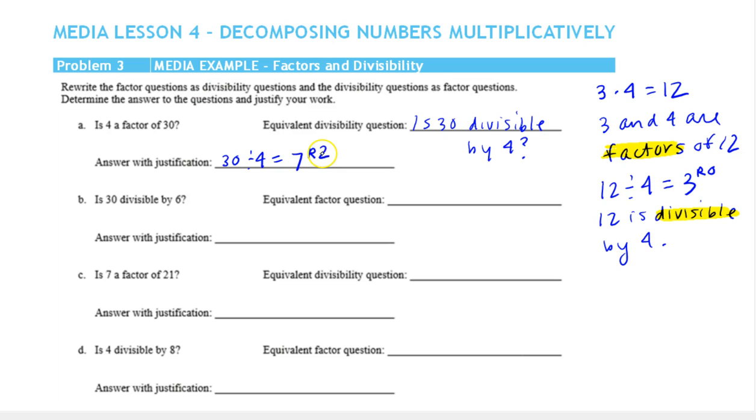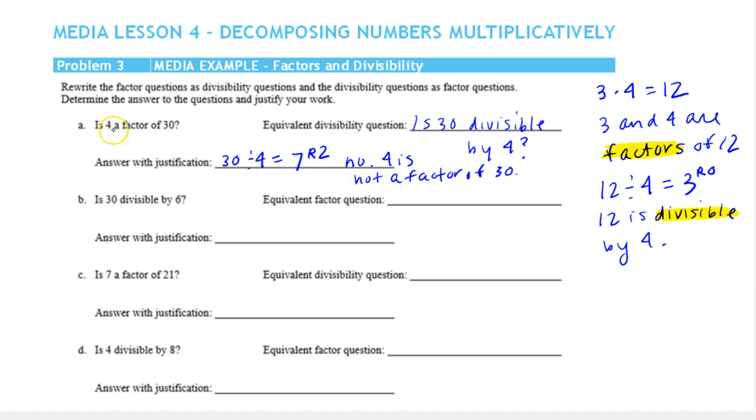So since the remainder isn't 0, we would say no. 4 is not a factor of 30. Okay. So notice we were asked a factor question, but we actually solved it by using divisibility and showing that there's a remainder left over.